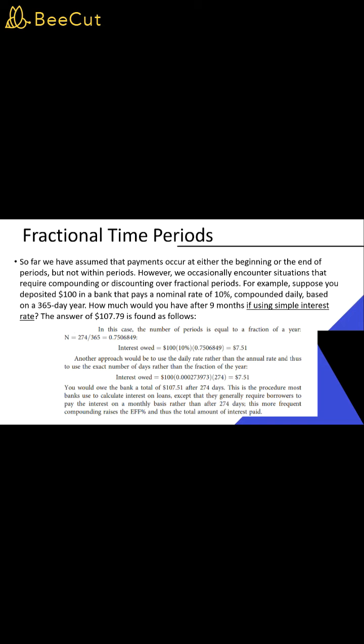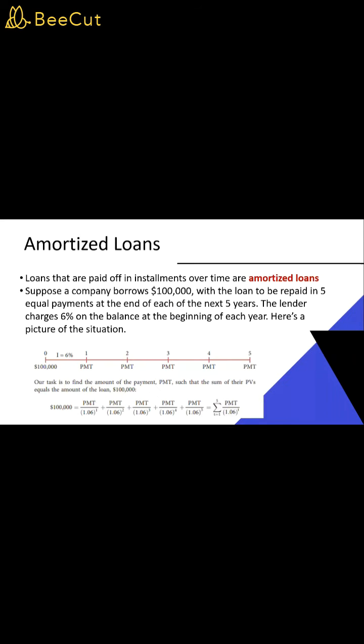If you wanted to be even more particular, you'd say 274 days out of 365 days, which is 0.7506849. You multiply this all together and you get 7.51. So here you calculated the compounded interest for a fractional time period, and we've also calculated the simple interest for a fractional time period.